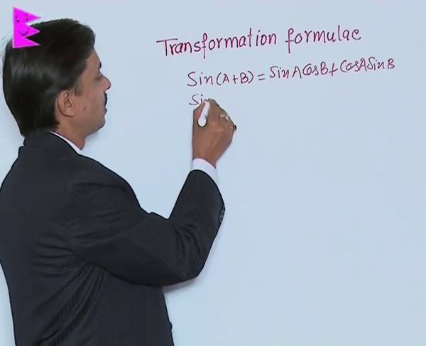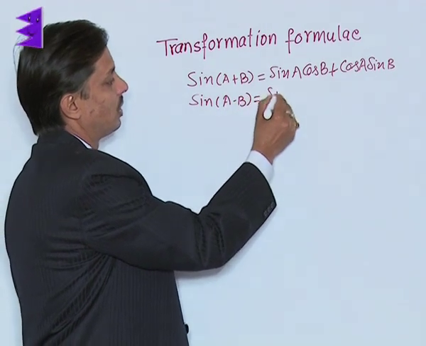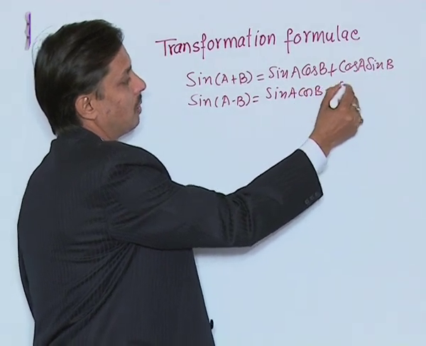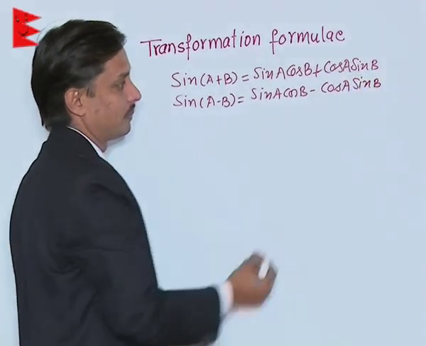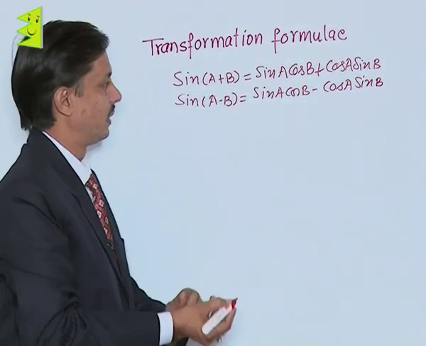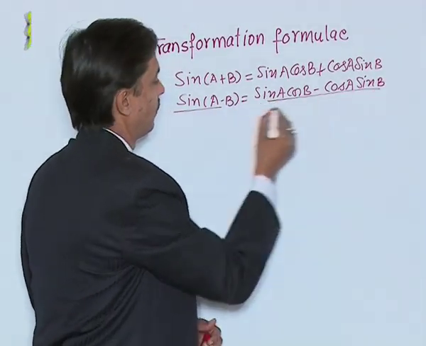Similarly, there is another result, sine of A minus B. This is sine A cos B minus cos A sin B. If these two results were added, on adding, what we will get?